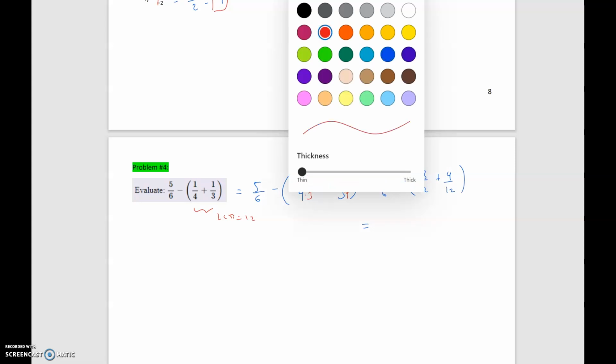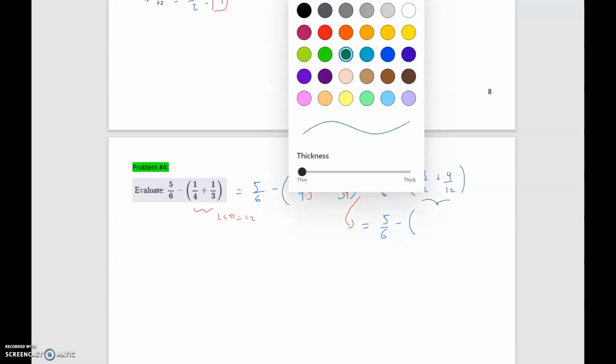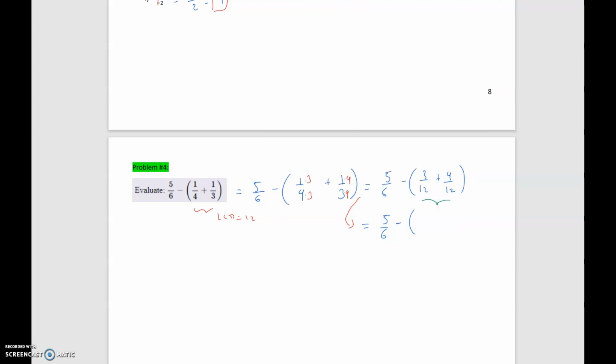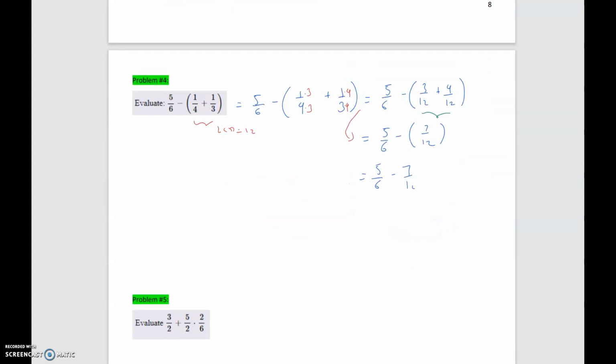Or, let me just rewrite it down here. In this case, 5 sixths minus, and adding the numerical values inside of the parentheses, it's just going to give us 7 twelfths. And in this case, we're looking at 5 sixths minus 7 twelfths. And then we can get an LCD of 12.